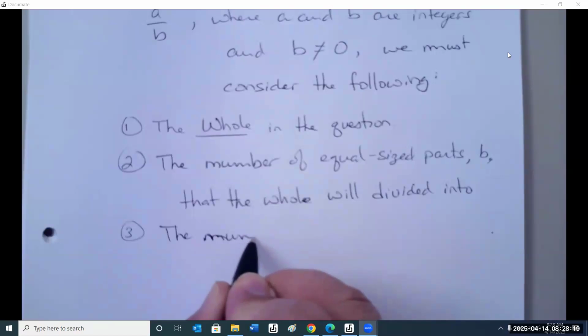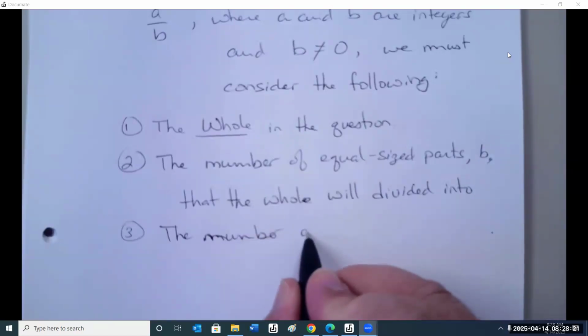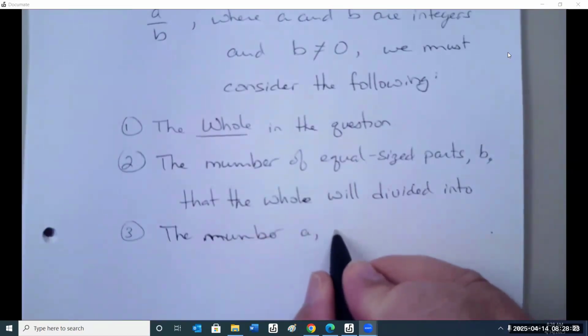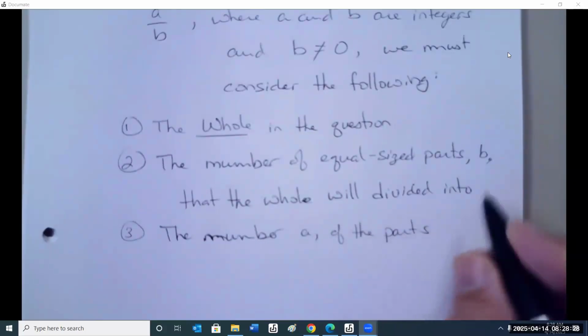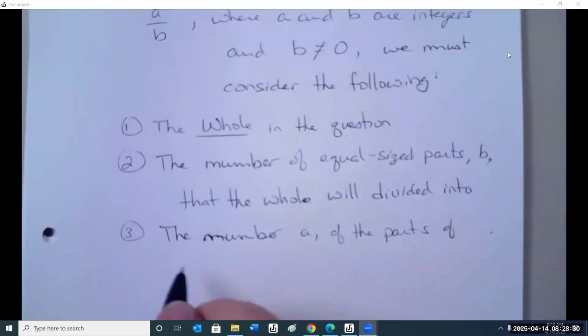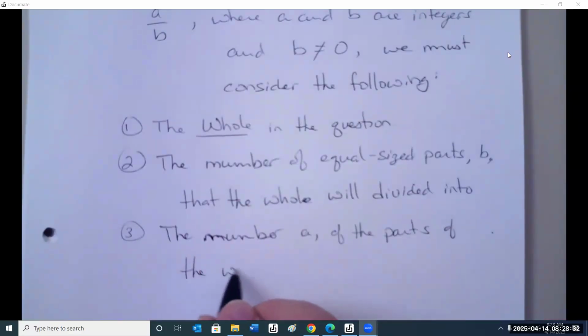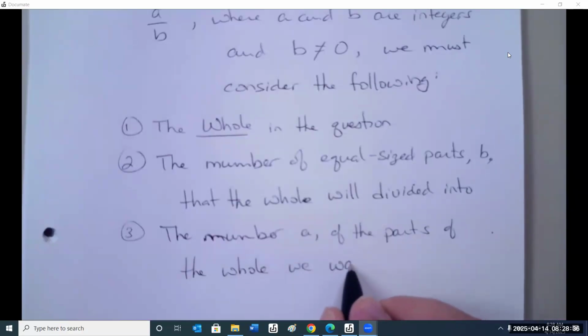Three, the number A of the parts of the whole we want.